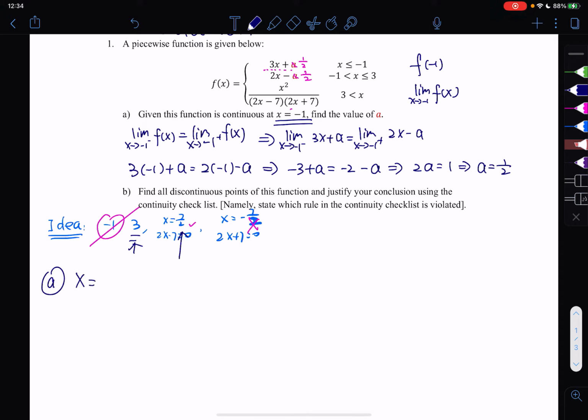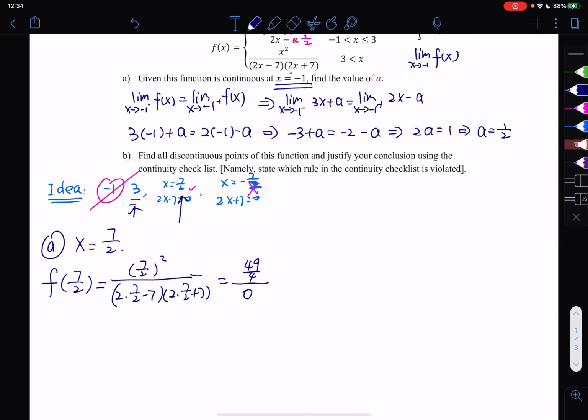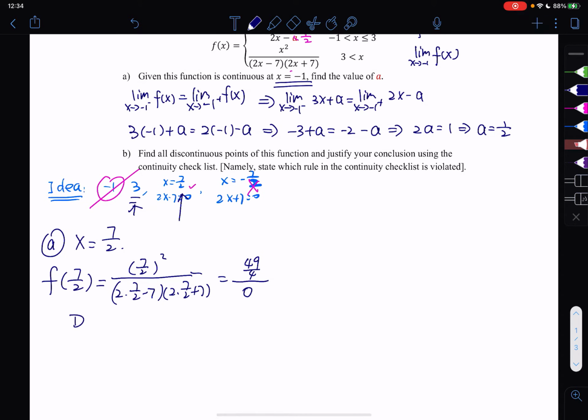At the point x being 7/2, f of 7/2 is 7/2 squared divided by 2 times 7/2 minus 7, and 2 times 7/2 plus 7, which we end up with 49/4 divided by 0. This function value does not exist. So it is not continuous because it violates the first item in the continuity checklist.